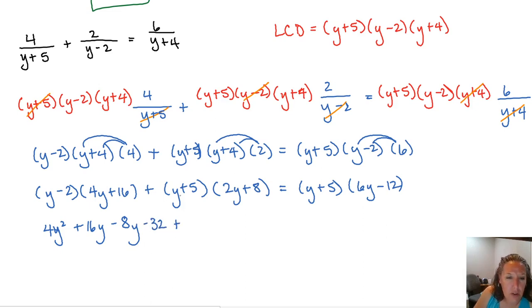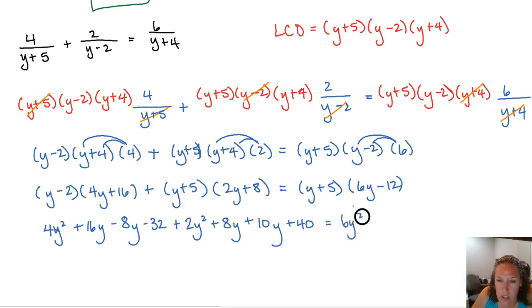For our second term, we're going to end up with 2y squared plus 8y plus 10y plus 40. And then 6y squared minus 12y plus 30y minus 60.